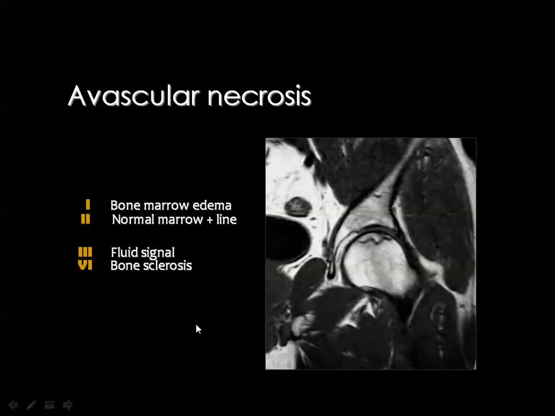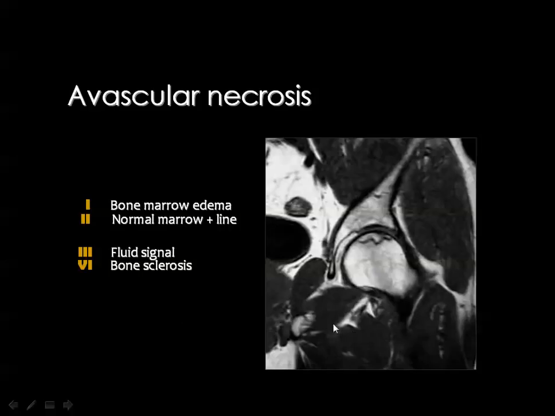Those who support this idea say that this edema will progress to the development of the line later on, and we are passing into an advanced stage of avascular necrosis.